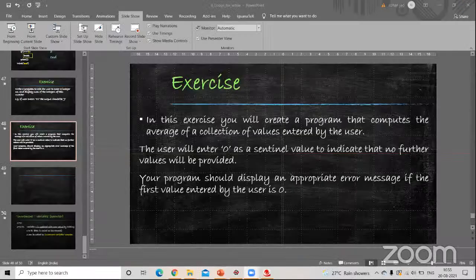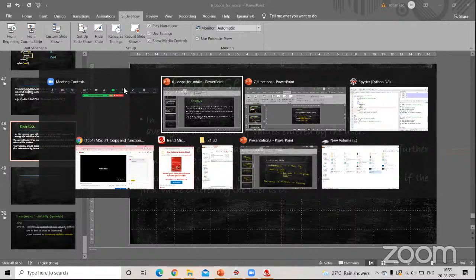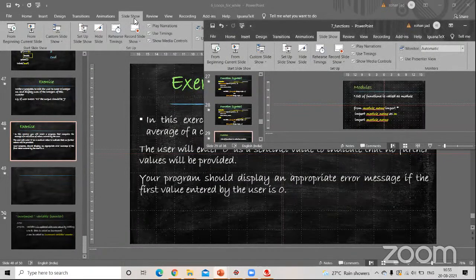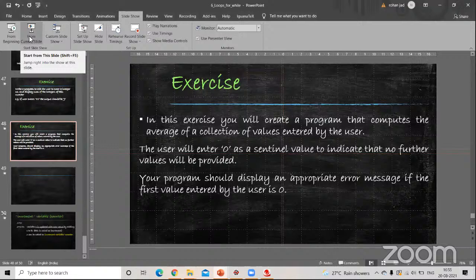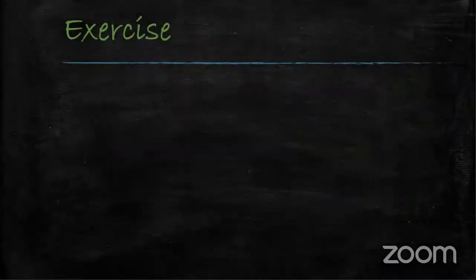Am I audible? Yes sir. Okay. Sorry, I think I went outside. You can see my screen. Yes, sir. Okay. So let me go to functions. This is done.